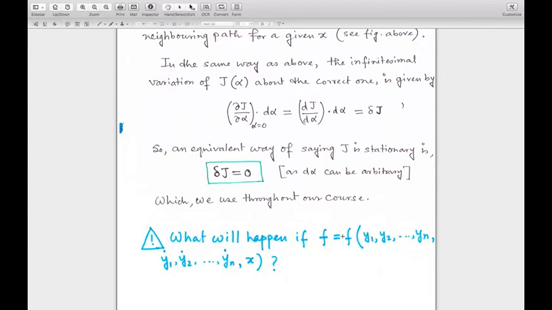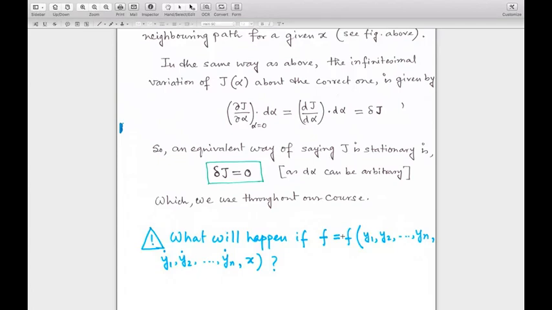Next week we will understand for physical systems what these functions and functionals are. For those not familiar: for a function you give a value of a variable and you get a value out. For a functional you give a function as input and you get a value out.